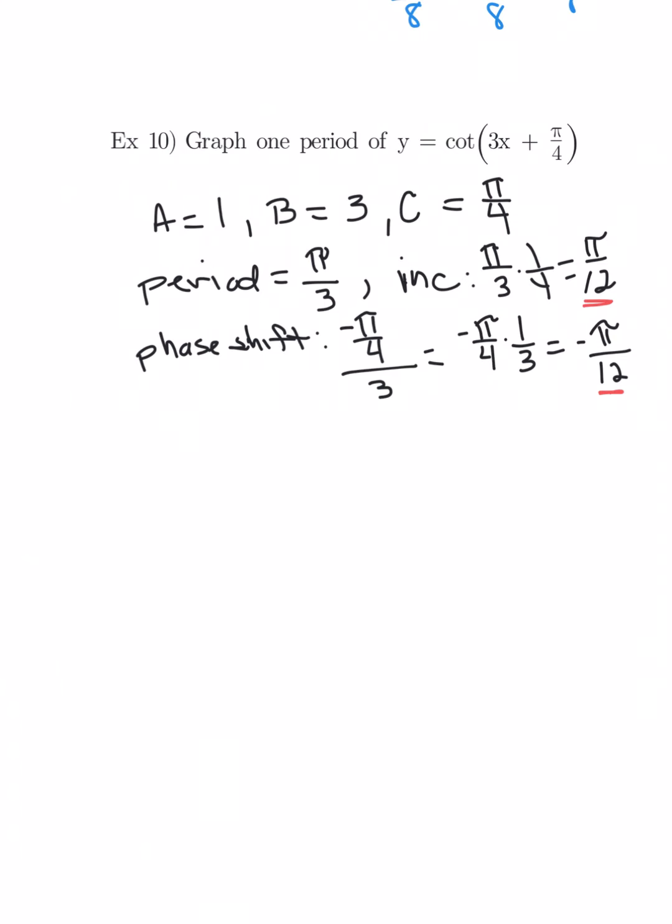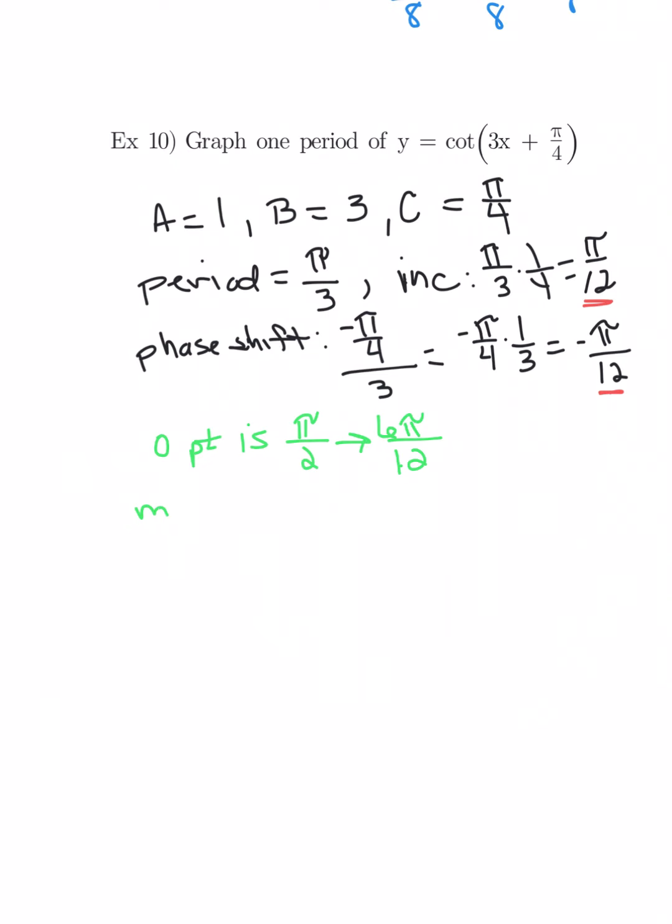Let's get a common denominator first. Our 0 point is pi over 2. But we can rewrite that as 6 pi over 12. So we need to take 6 pi over 12 and go left 1 pi over 12.